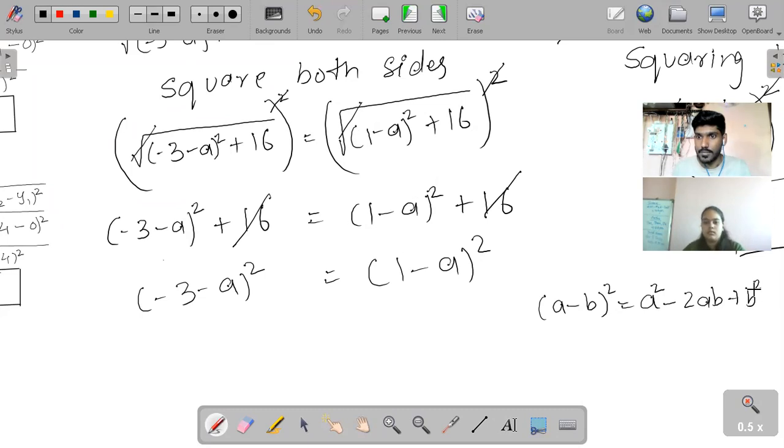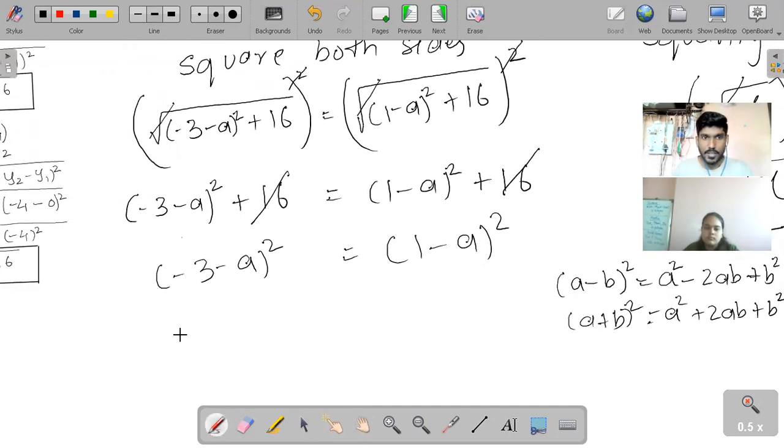And if it is a plus b, the whole square, then this becomes a square plus 2ab plus b square. The only difference in the formula is here minus, and here it will be plus. So we'll use this formula and expand both the sides.